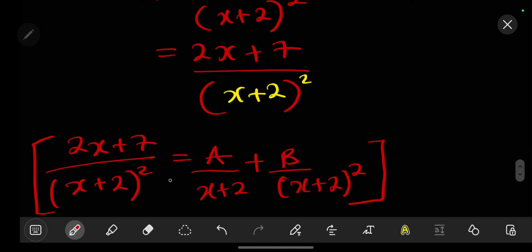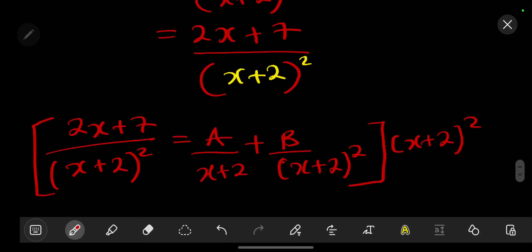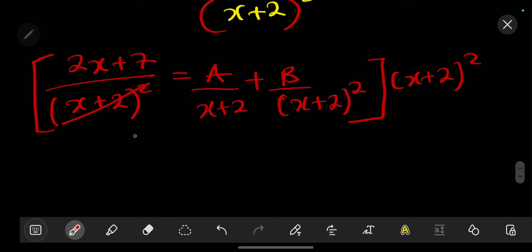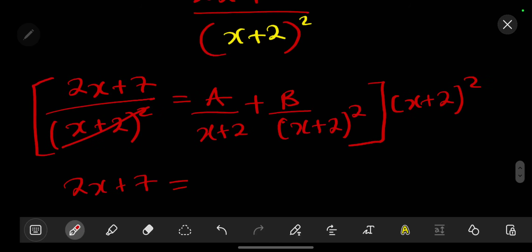multiply just as we did. The denominator on this one is x plus 2 squared, so when we multiply throughout, this will cancel. Then we remain with 2x plus 7 equal to, and one of them will cancel.